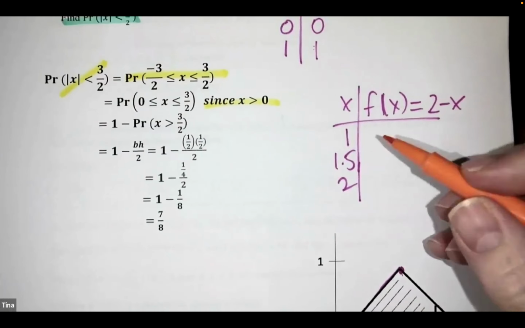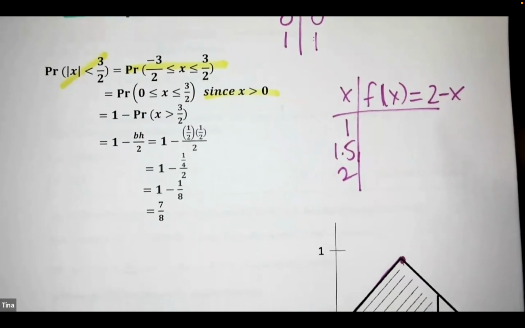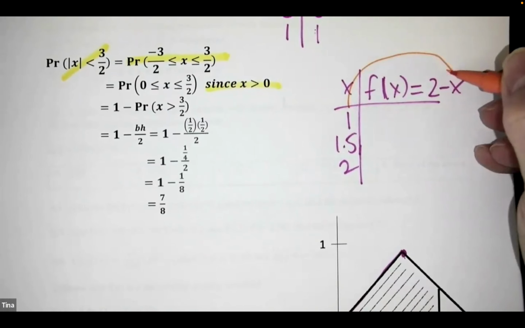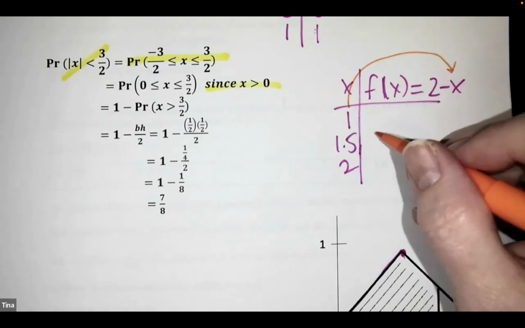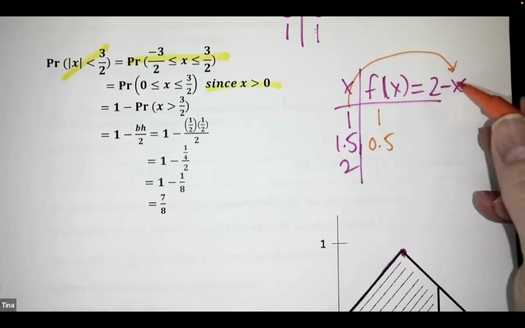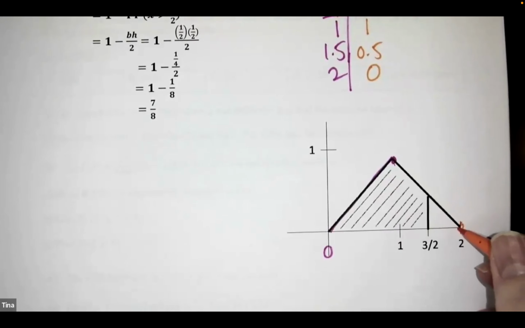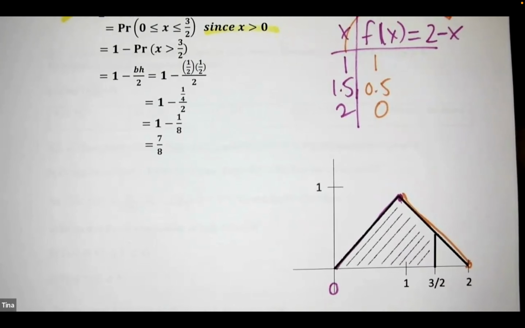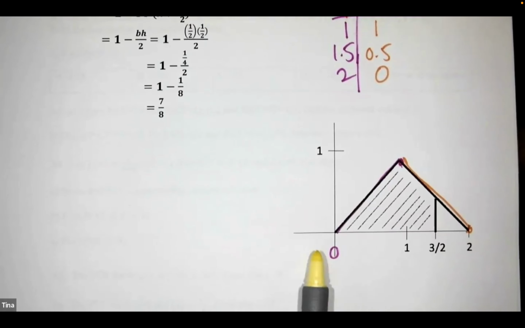And then here, if x goes from 1 to 2, if I put 1 in, 2 minus 1 is 1. 2 minus 1 1/2 would be 1/2, and 2 minus 2 is 0. So you can see the two parts of the function there. And we're trying to find the area between negative 3/2 and 3/2, but there is no area over there, so it's just from 0 here.